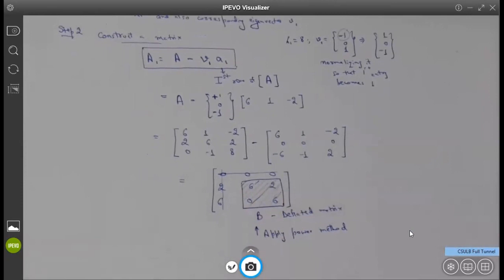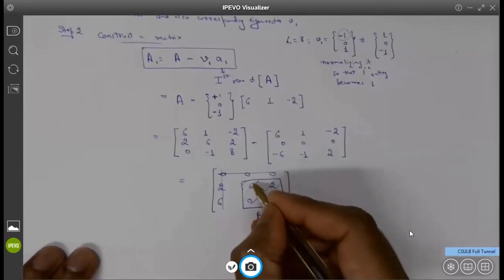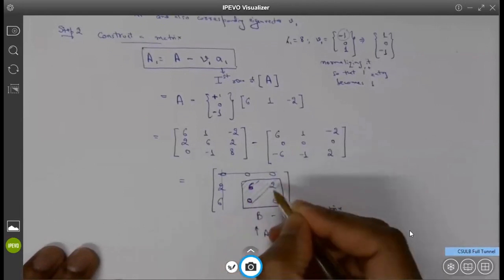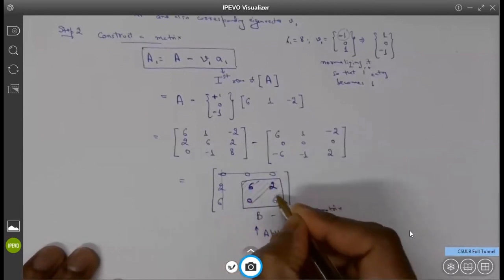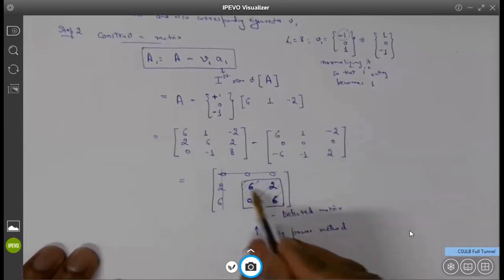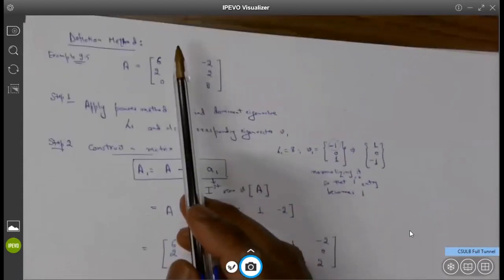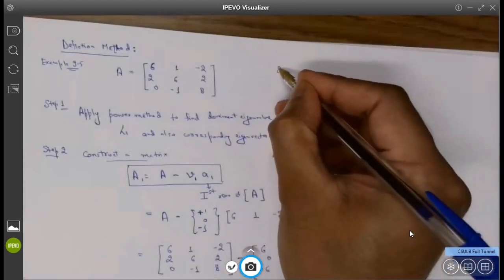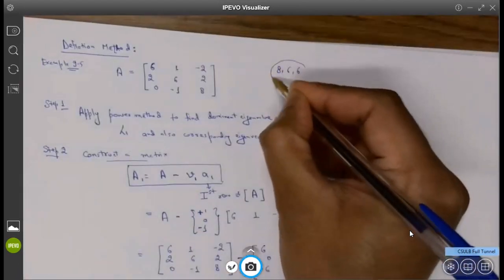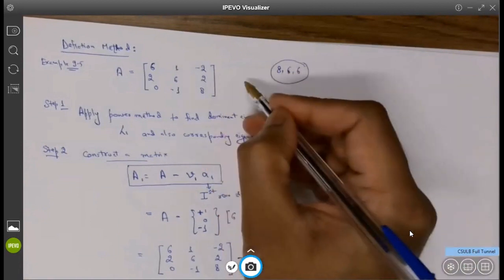Can somebody tell me? 6. 6, right? When we actually solved that, we got the eigenvalues as 8, 6, and 6. And we solved it using the characteristic polynomial.